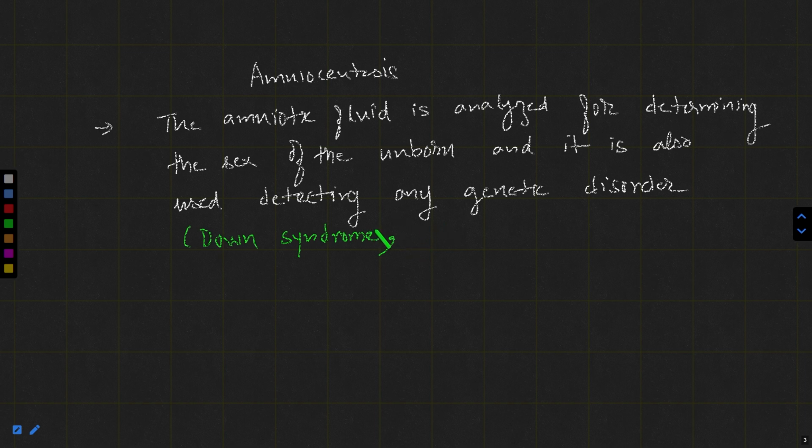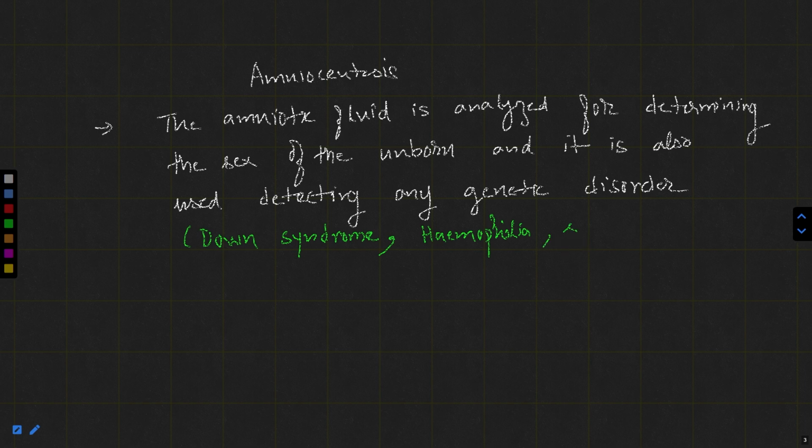Okay. Now another one is hemophilia. Hemophilia is a blood clotting disorder. Here the blood doesn't clot. There is a lack of blood clotting factors, so blood is not able to clot properly.